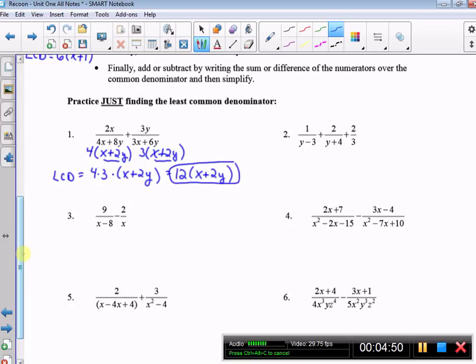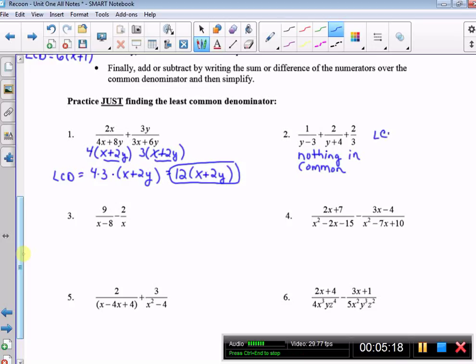For number 2, they have nothing in common. You might think they have a 3 in common, but this is a monomial, and this y minus 3 is a binomial. There is nothing you can multiply the 3 by so that it would become y minus 3. If you multiply it times y, it becomes 3y, not y minus 3.